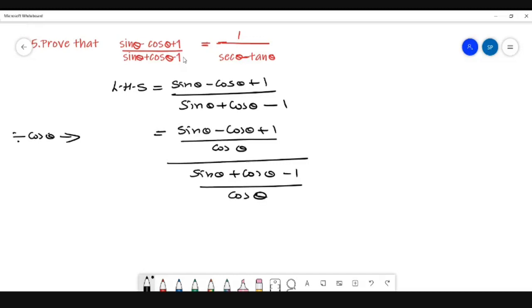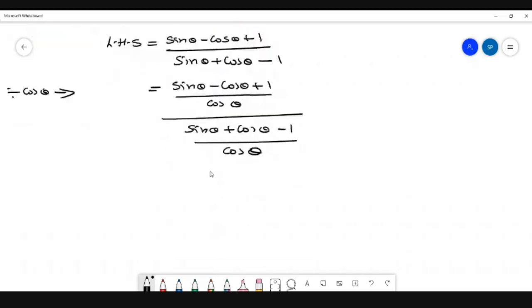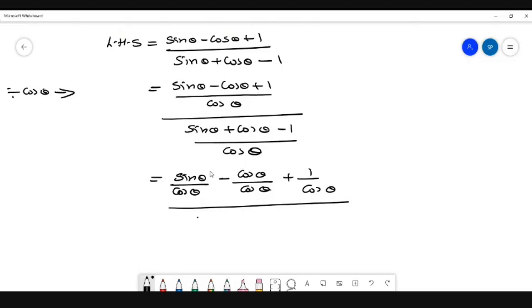So when you divide an expression, each term we have to divide. So sin theta by cos theta minus cos theta by cos theta plus 1 by cos theta, whole divided by sin theta by cos theta plus cos theta by cos theta minus 1 by cos theta.